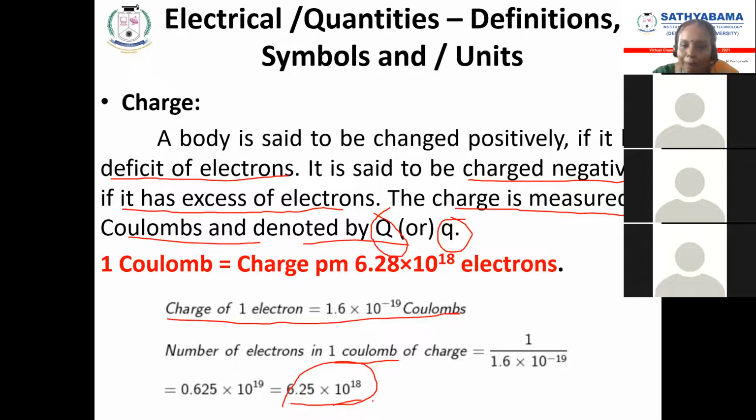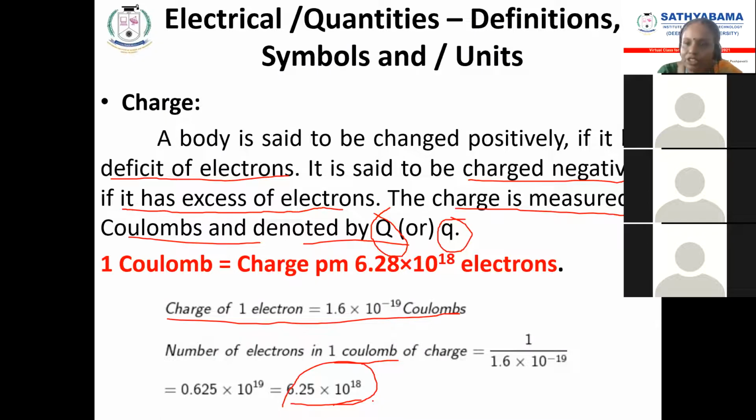So charge is nothing but a number of electrons. A negative charge means an excess of electrons. One more thing to understand is that charge is measured in coulombs, and the number of electrons in one coulomb is 6.25 into 10 power 18.